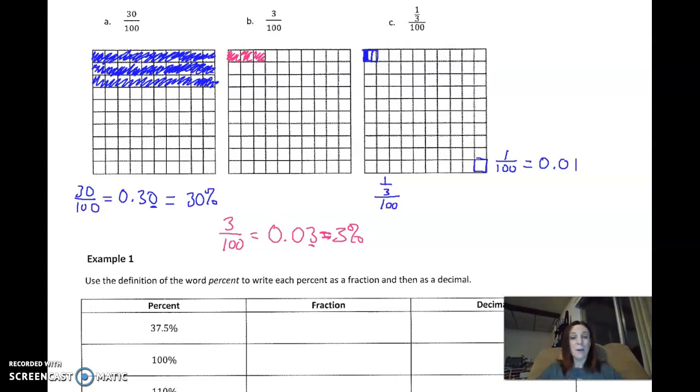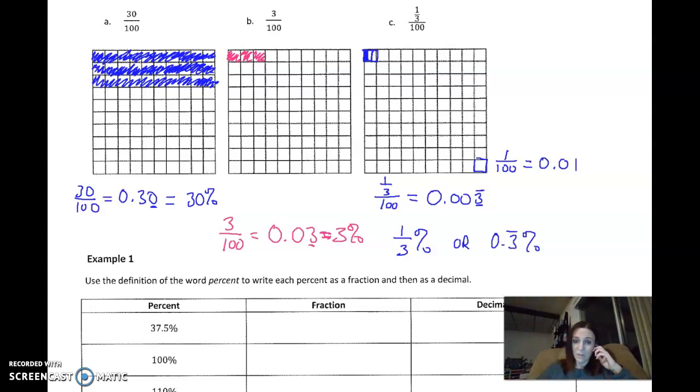But 1/3 of this 0.01 ends up being 0.003 repeating, because 1 divided by 3, 1/3, is 0.3 repeating. And notice it's not in the hundredths spot, it's in the thousandths spot. So if you want to write this as a percent, the easiest way is just to say 1/3 percent. But you could also write this as 0.3 repeating percent.